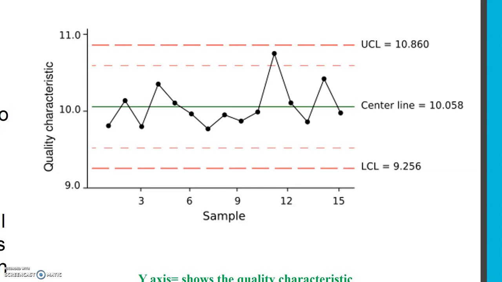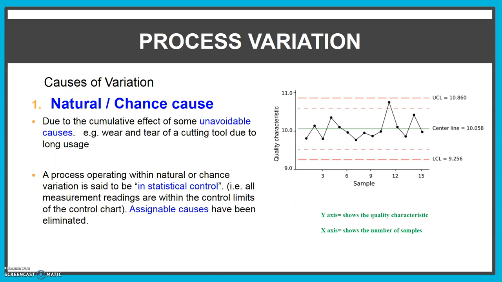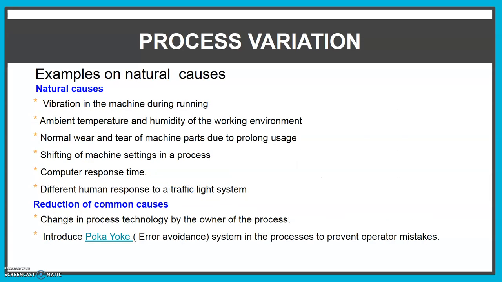No outlier happens. This is normally due to the natural causes. What are examples of natural causes? Such as vibration in the machines, temperature difference, normal wear of the tool, machine setting a bit different, computer delay response, human response to the traffic light system difference.